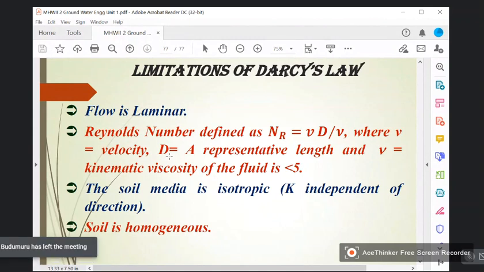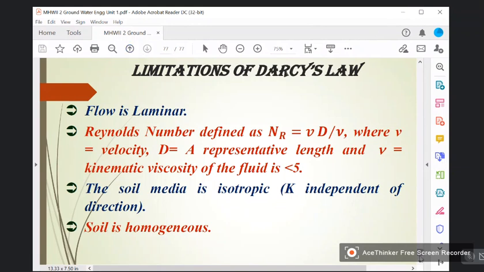Normally, for all practical purposes, though the soil media is heterogeneous, for our analysis we consider it as a homogeneous one. So therefore, the limitations are: it is laminar flow, Reynolds number less than 5, and the soil is homogeneous.